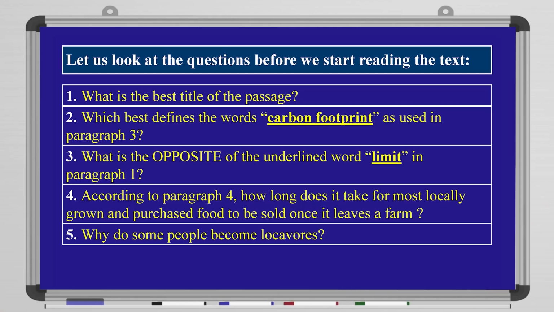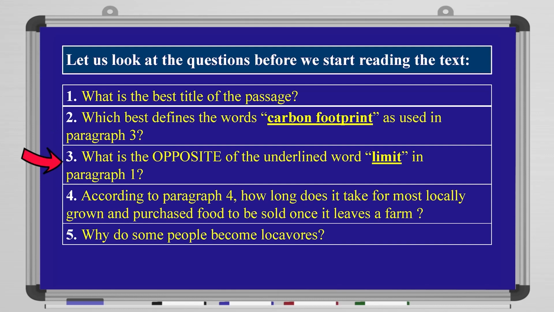So, we took the tips, we understood some tricks to help us. Let's read the questions first before we go to the text. Question number 1, what is the best title of the passage? So, focus on the main ideas in order to figure out what the best title is. Number 2, which best defines the words carbon footprint as used in paragraph 3?